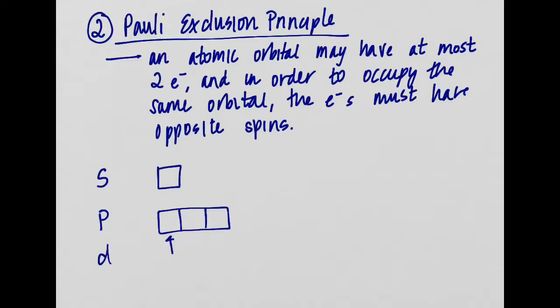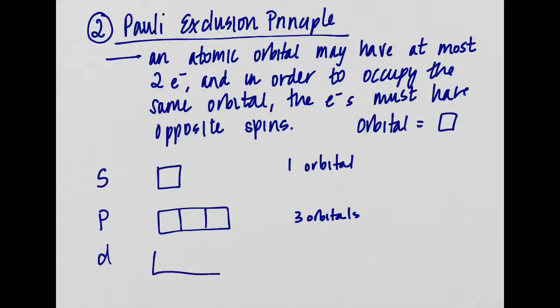inside the p sublevel. So each one of those, you can think of as an orbital. An orbital is just a square, right? So this has 3 orbitals. This has 1 orbital. And the d sublevel, remember, has 5. This has 5 orbitals, okay?